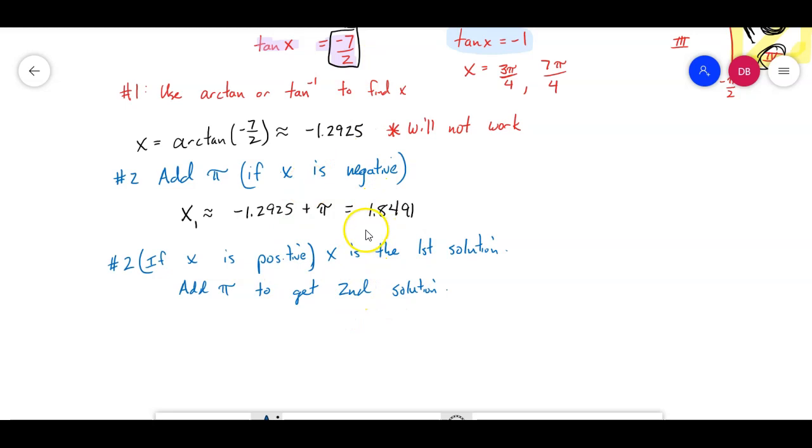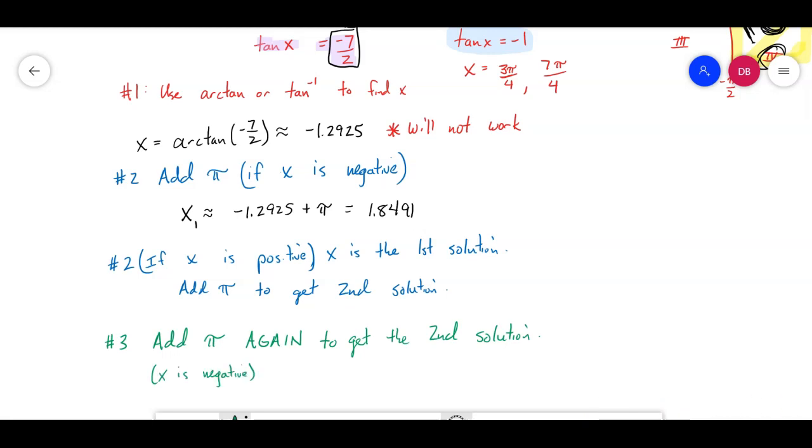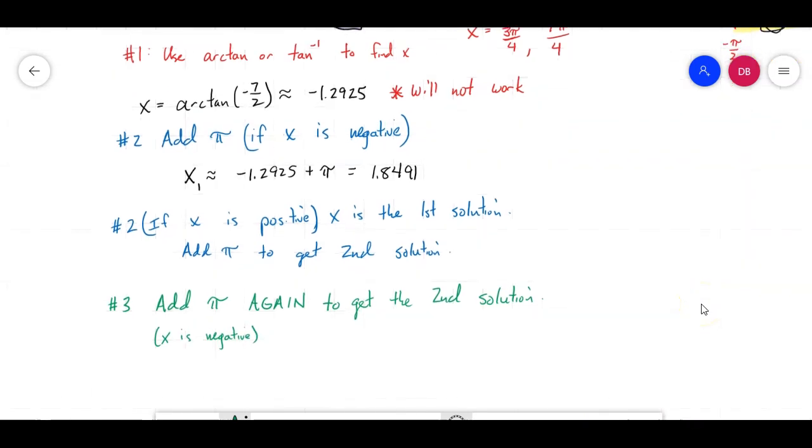But since it wasn't, the third thing we're going to do here is add pi again to get the second solution, if that original x was negative. So you want to get two solutions, and you're going to add pi to get that second solution. It's just, did you have to add it the first time to get to the positives, and then add it a second time to get a second positive solution?